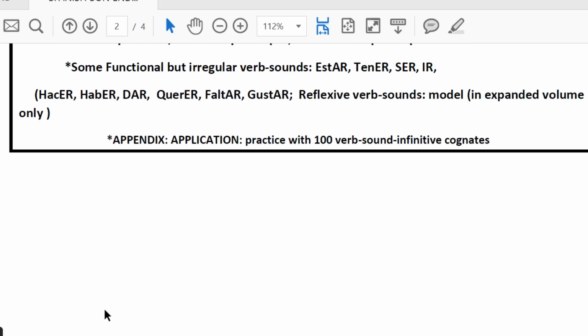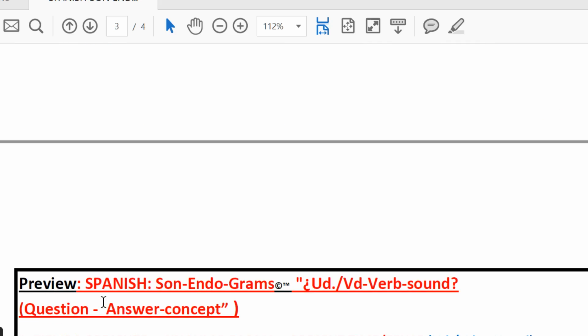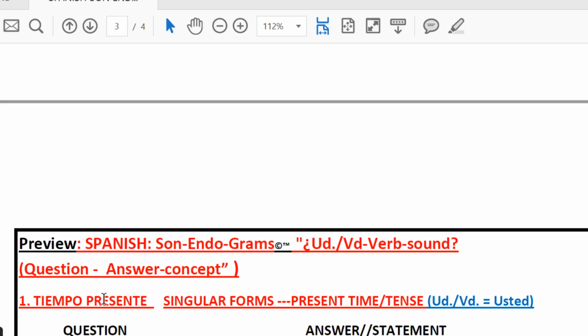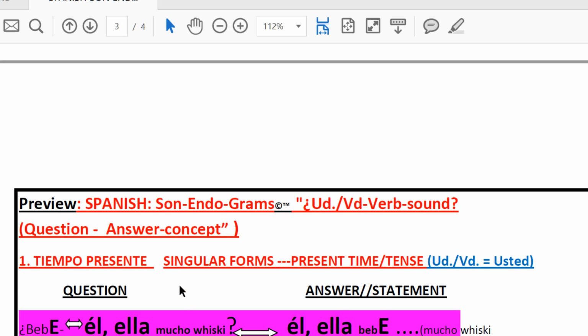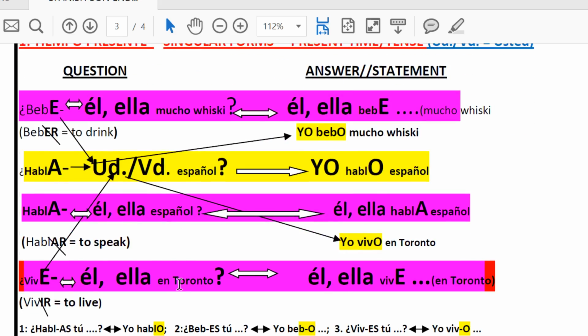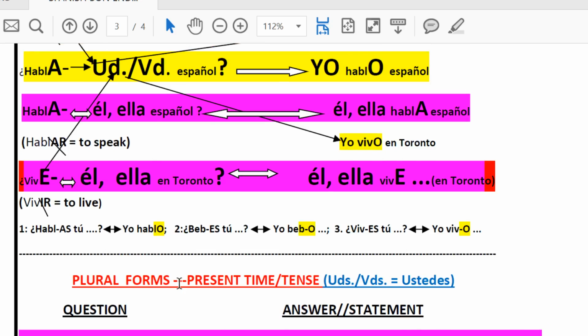And then I give the following: a preview of the Spanish Son-Endo-Grams. Here I present only the tiempo presente. I present the forms with usted as well as the forms with ustedes.